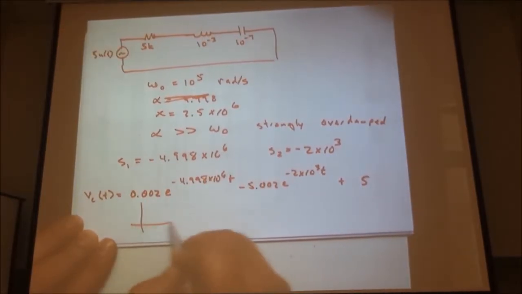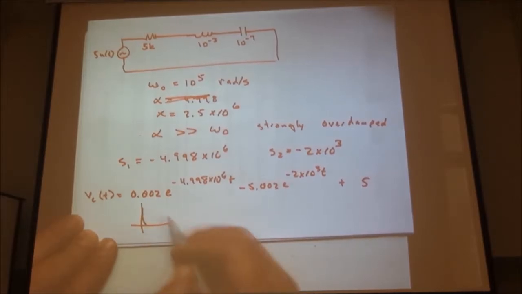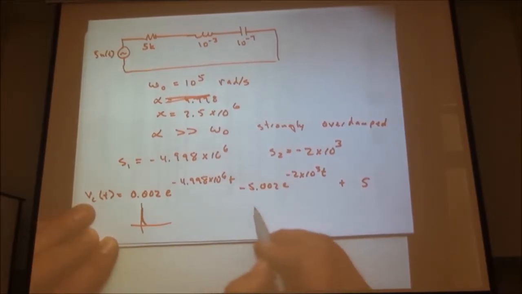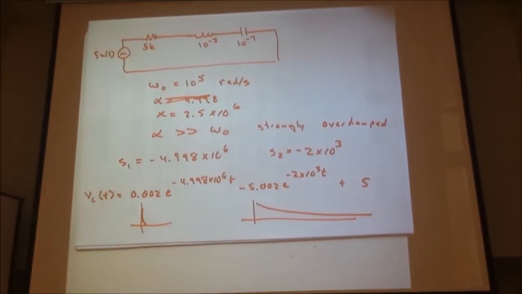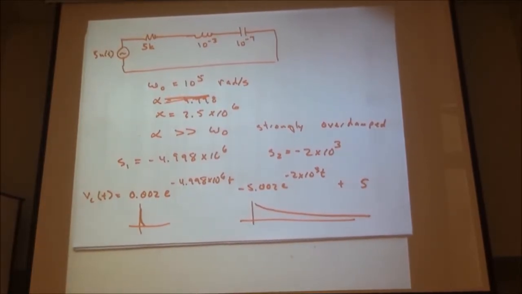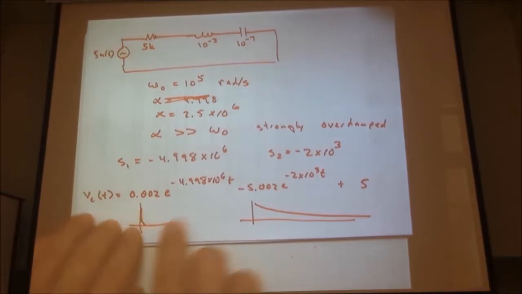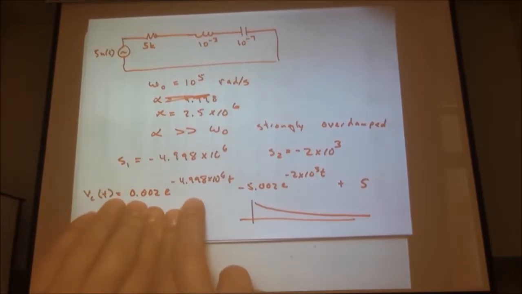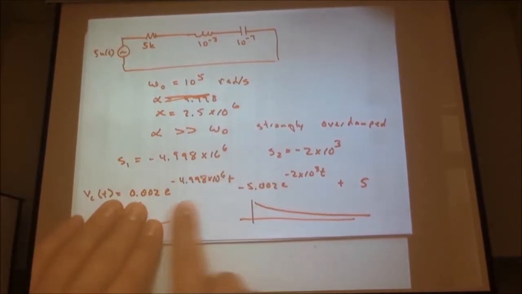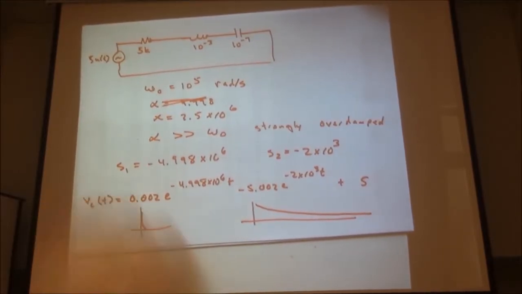If you were to draw out an exponential plot, it looks like that, whereas this one, not drawn to scale of course, looks something like that. So in some sense, this term is negligible. Not only is the coefficient small, but the exponential argument is huge, and so this term vanishes very quickly. So relatively it's small.